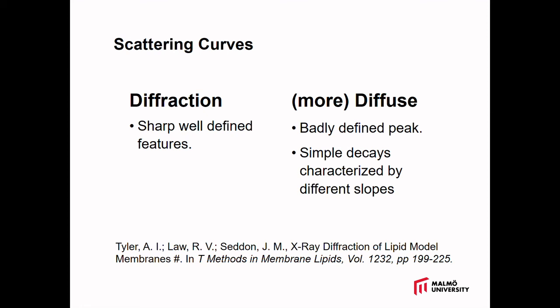And there's more diffuse scattering, which is not so well defined. It's usually maybe a badly defined peak. Simple decay is characterized by different slopes. In the case of small angle scattering, both of these can be analysed quite easily. In the case of grazing incidence measurements, it's the diffraction which really gives you the most information.